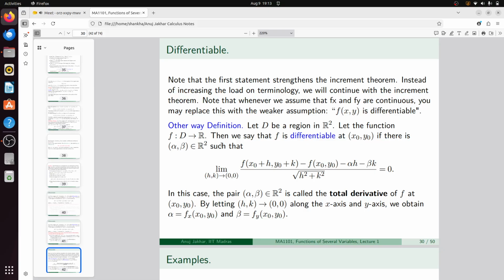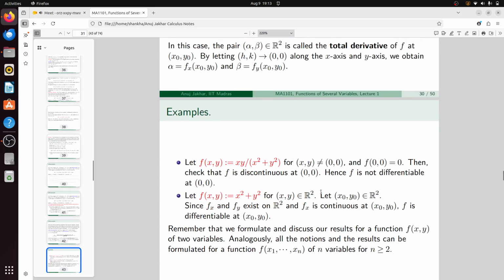By letting (h, k) tend to 0 along the axes, this alpha and beta are basically del f del x at the point (x0, y0), and del f del y at the point (x0, y0), right?